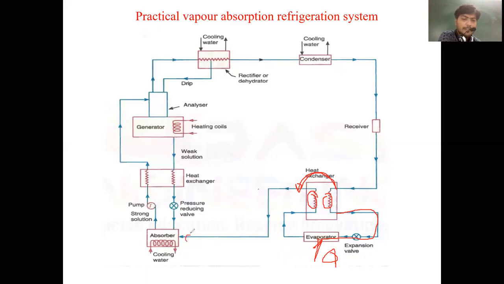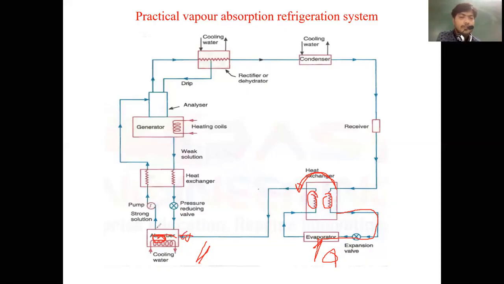In the absorber, the ammonia vapor, NH3, is absorbed by water. Here low temperature water is filled. So the ammonia vapor mixes with this low temperature water and makes a strong solution.